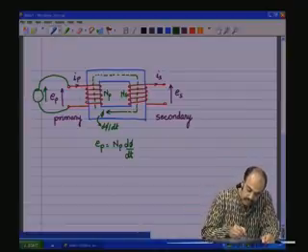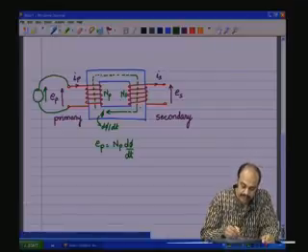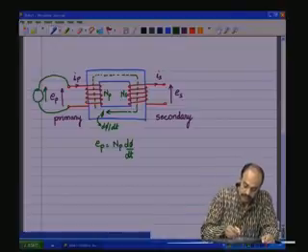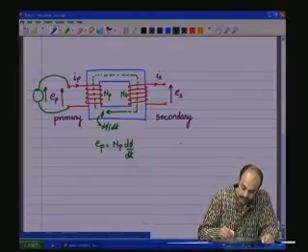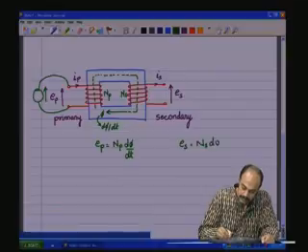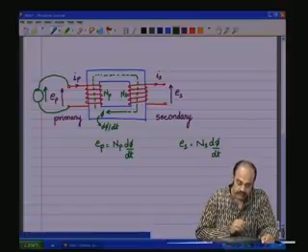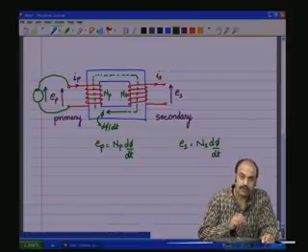Now, the same flux is linking the secondary also. So, therefore, if we look at the secondary coil, ES will be NS d phi by dt. That is, there is another coil here, NS, with the same flux flowing through the coil.